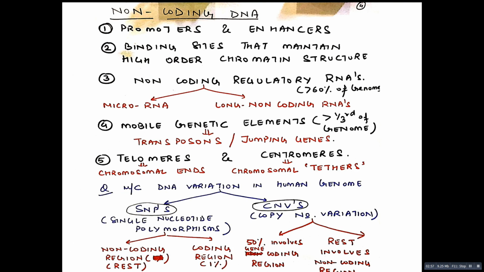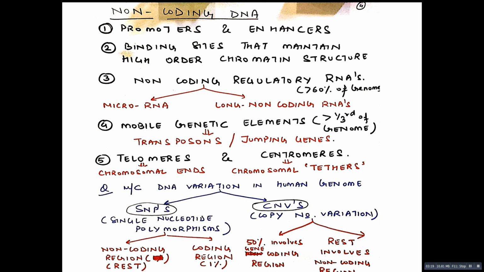Let us first start with the non-coding DNA. So non-coding DNA comprises five main parts. 1. The promoters and enhancers. 2. Binding sites that maintain a high order chromatin structure. 3. Non-coding regulatory RNAs which comprise more than 60% of the genome.